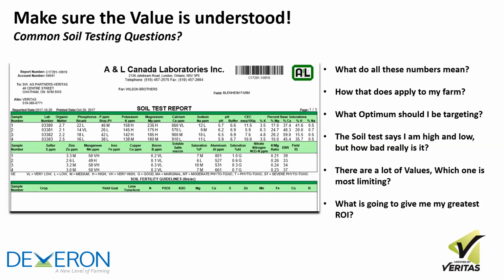The questions there on the right-hand side, what do all these numbers mean? How does this apply to my farm? These are all things we're challenged with from a customer every day, right? The biggest mistake we hear from all of our customers, and all the customers that call us for help, and I've heard time and time again, the number one call we get is from customers that have soil test data done by somebody, and they just don't understand the value when they're looking for help.